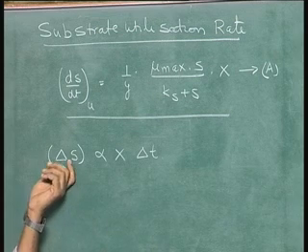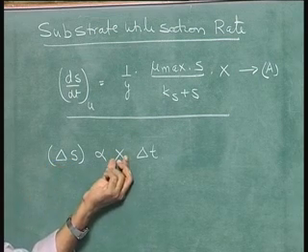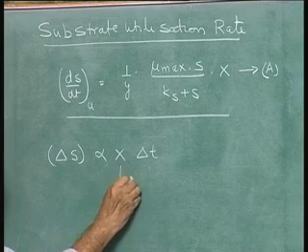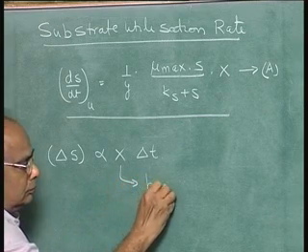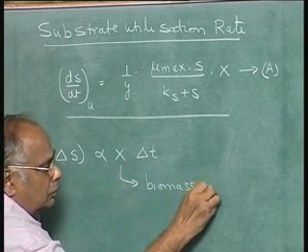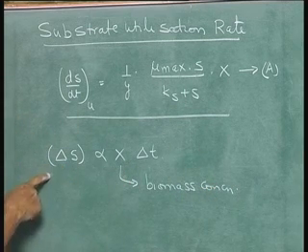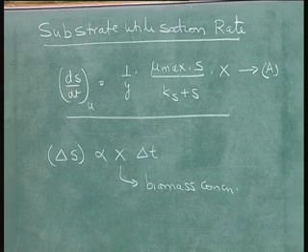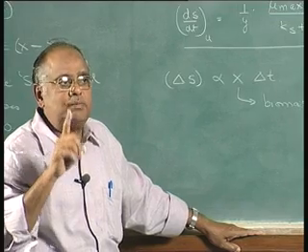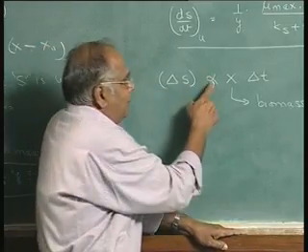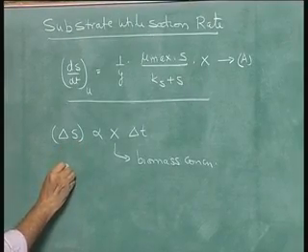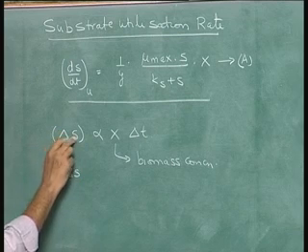Who is utilizing the substrate? Microorganisms are utilizing it. This is the biomass concentration. Biomass is utilizing the substrate and hence there is a change in substrate. The change in substrate is because of the utilization of the substrate by biomass. So that is proportional to x into dt, a small, elemental change.